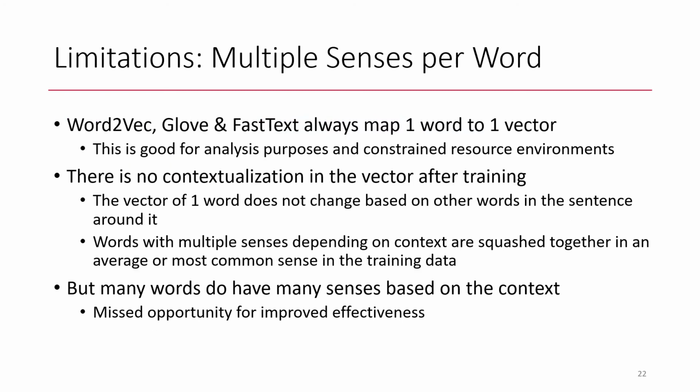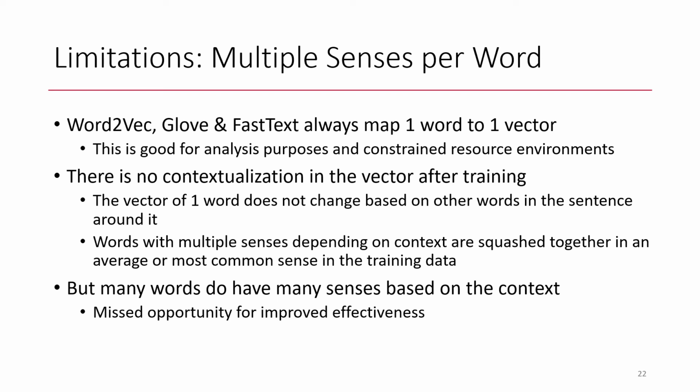And then another problem with Word2Vec, which kind of follows the same pattern, is that they don't know different senses of the same word, right? So you have this one word, one vector, which is good for analysis, but if you don't know the context of the word, you can't know the current sense it should represent.